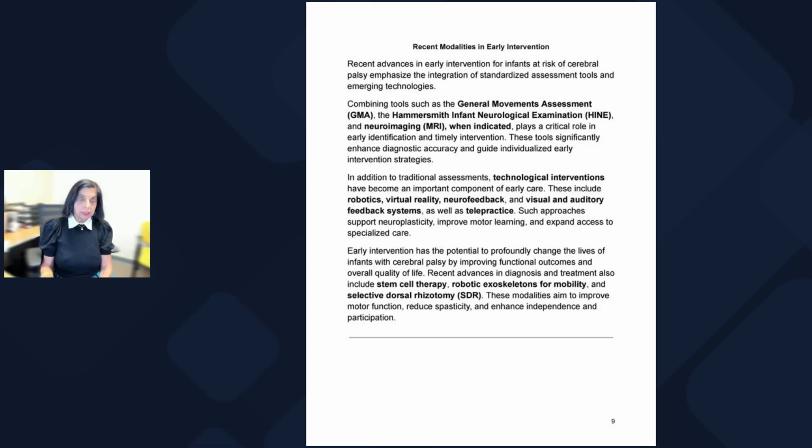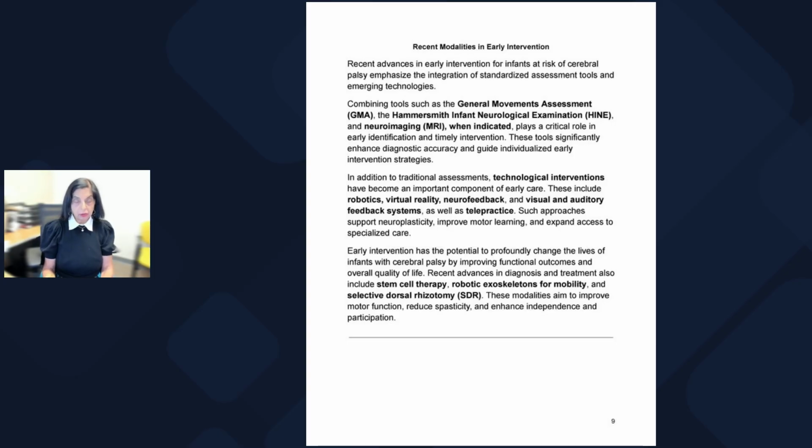The recent advances in infants emphasize the integration of standard assessment tools and emerging technology. The rehab centers play a very important role towards the upbringing of these babies.